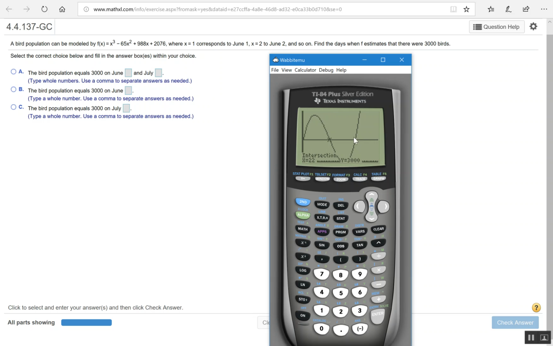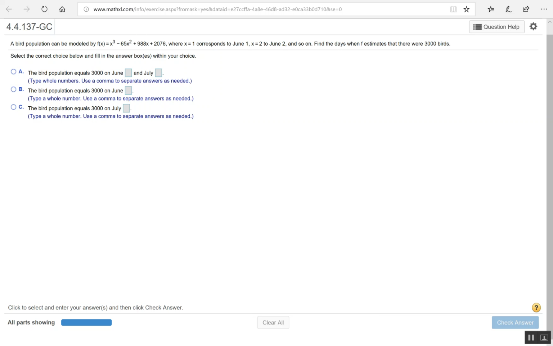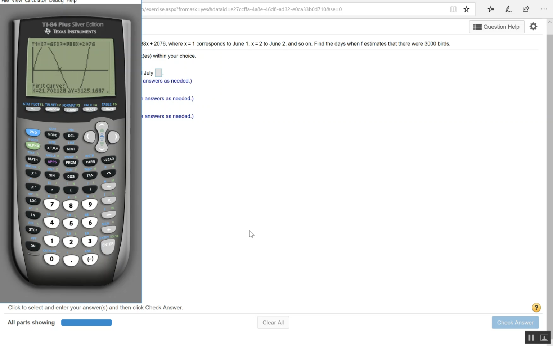Now we need to calculate the third intersection point. Again, second trace, which takes you to calculate, pick 5, enter, and let's go closer to the third point. I'm going until I have the cursor below my intersection point. Here is good enough.